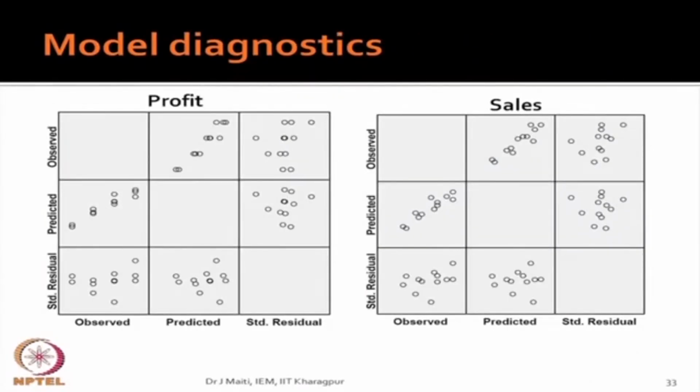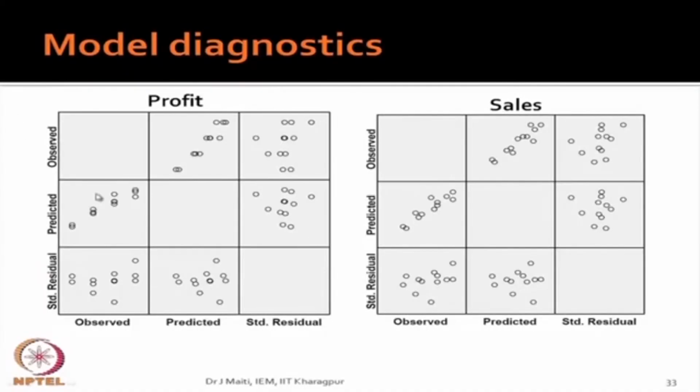Once you accept this, you have to go for diagnostics similar to your MLR. These diagnostics are required, and almost all the software gives you this type of plots. These plots are basically residual plots. Okay. Now see the residual plots. Observed versus predicted should be a straight line, linear.